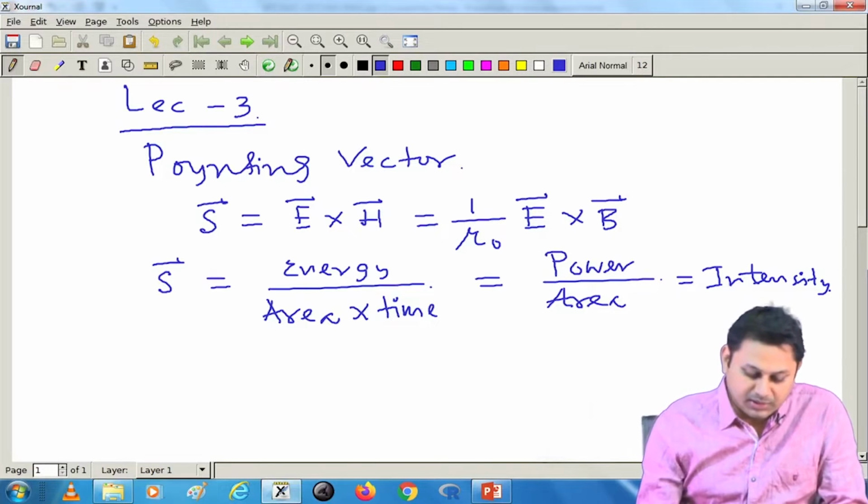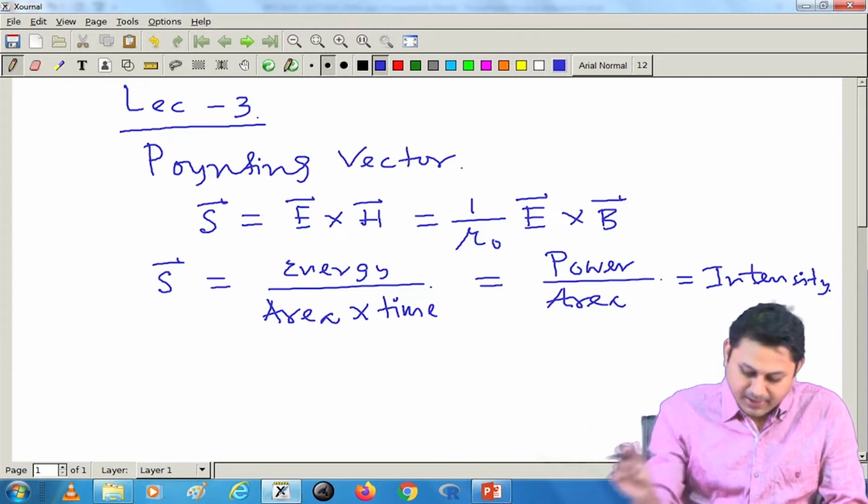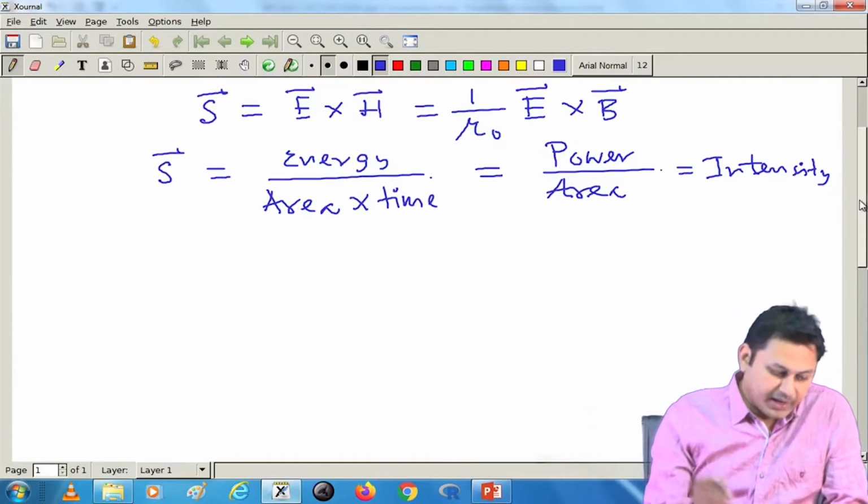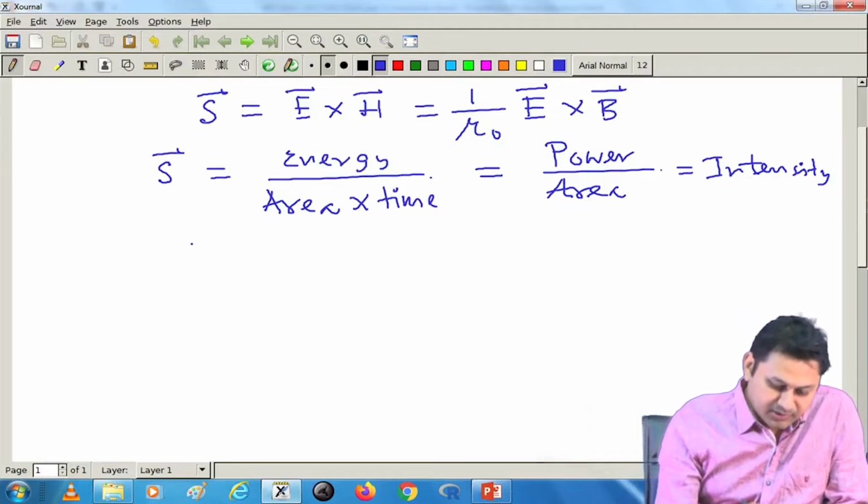This is the recipe, E cross H, through which you can calculate the Poynting vector, and we will try to find out its value. In order to find the value, we directly use the relationship between B and E, which we derived last day.